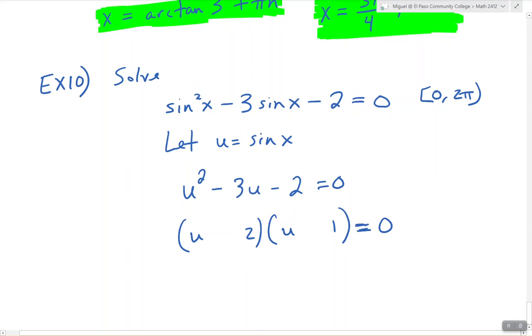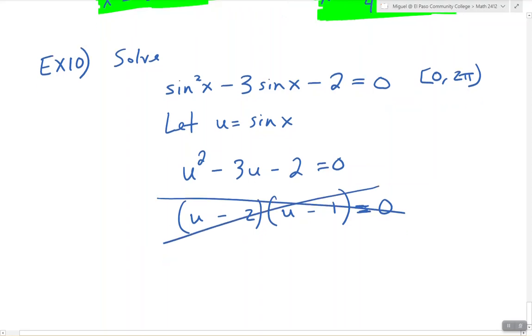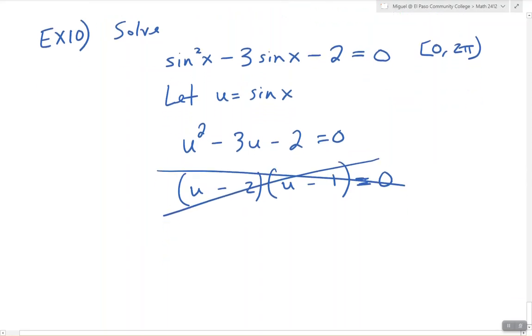To get a minus 3u, I would need a minus 2 and a minus 1. But as you can see, minus 2 times minus 1 does not give me a minus 2, right? So that means we can't factor this, so we'll have to go straight to the quadratic formula.